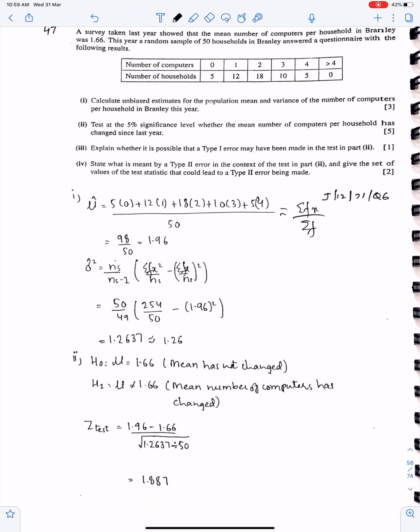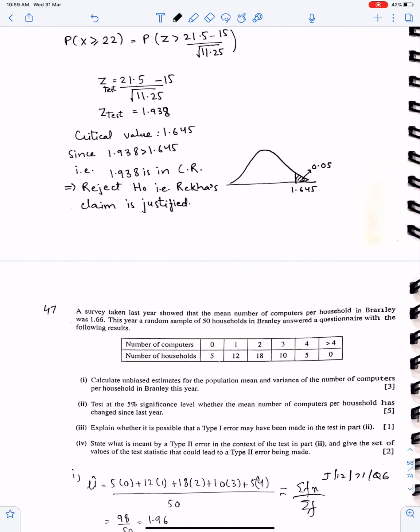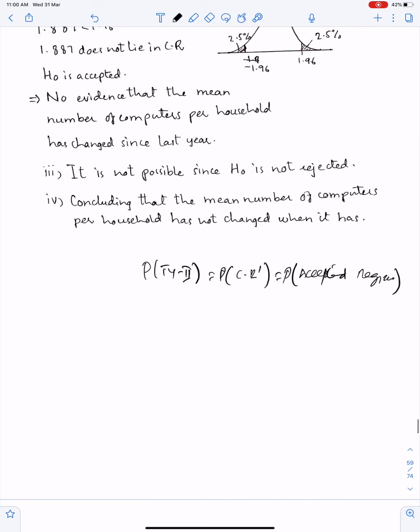So the possible values will be... so the z test should lie between this range.